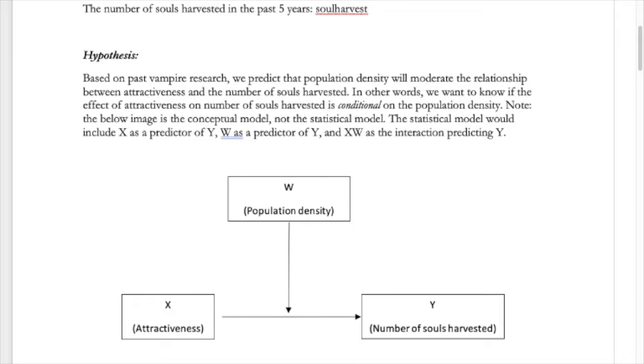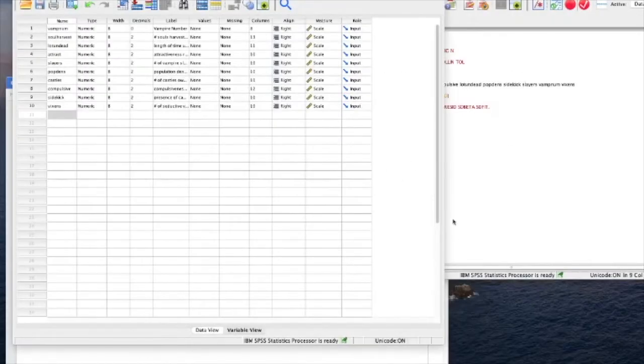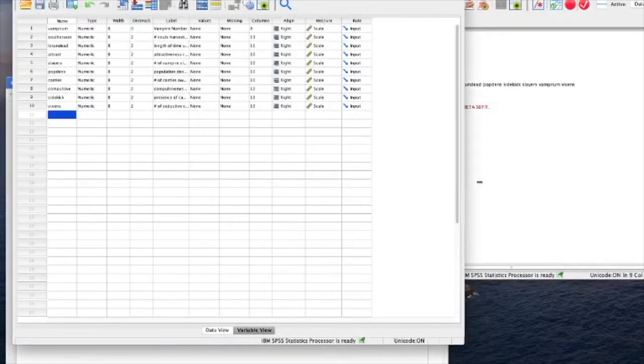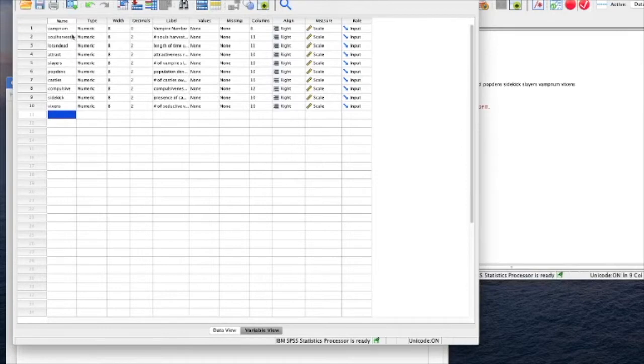Now, before we get too far into this data, let's first go over the basic assumptions. So, here's our data set. This is looking at it from the variable view.